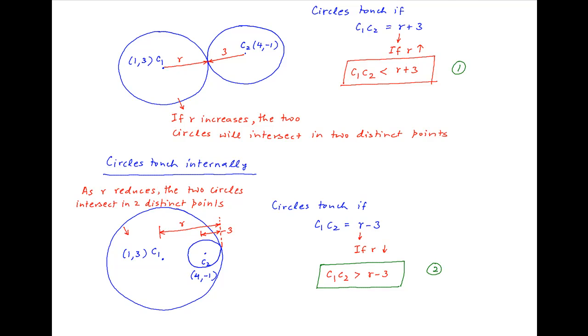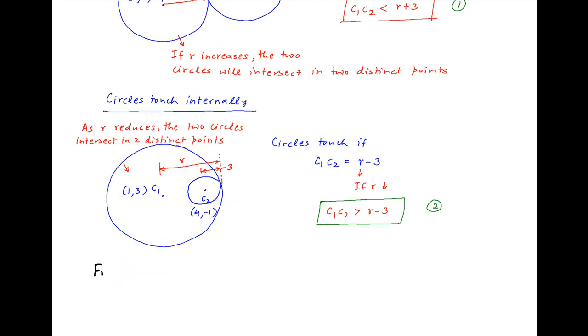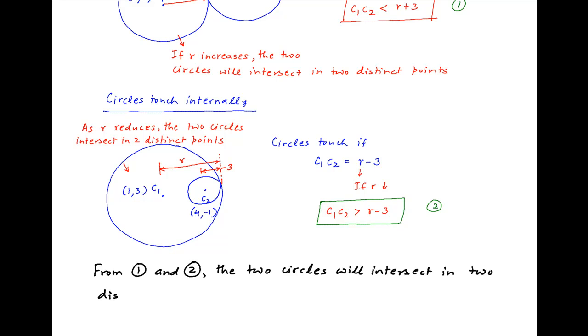Let's call this result 2. From 1 and 2, it follows that the two circles will intersect in two distinct points if C1C2 is greater than r − 3 and less than r + 3.